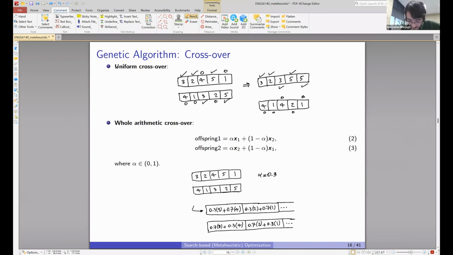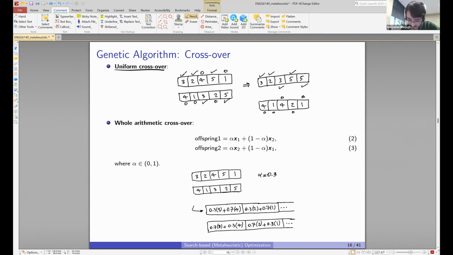We can also have uniform crossover. What does it do? Uniform crossover says that I have 2 parents, and for each gene, I flip a coin. So randomly, I choose the gene from one of them or the other one. And then I can have multiple children in this way.